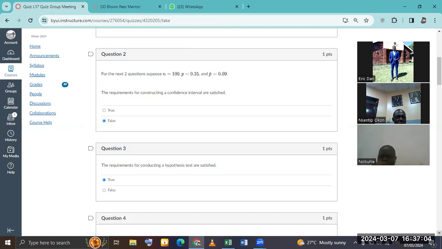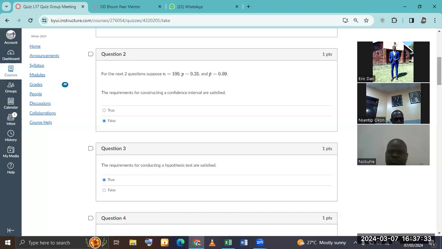The requirements for constructing a confidence interval are satisfied. So it's false, right? Yes, I want false because the moment you multiply 100 and 0.09, the answer that you get is 9, and 9 is less than 10. So it cannot be satisfied.